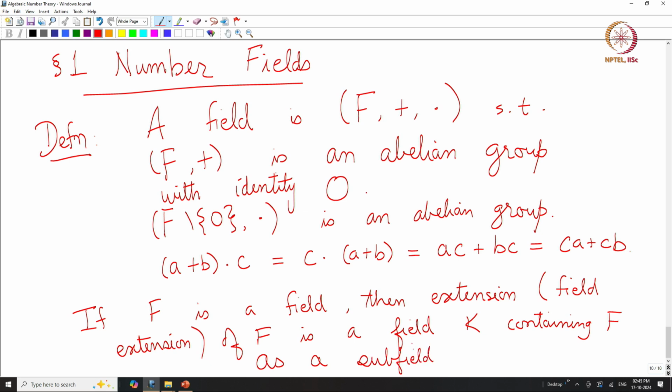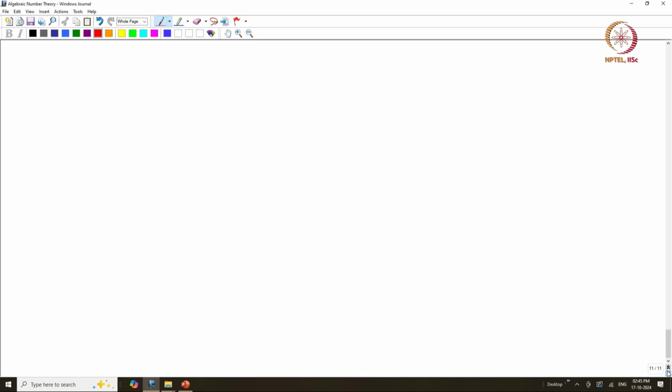So, that is what a field extension is, and we will denote it usually by K over F. So, notation: K over F is a field extension.